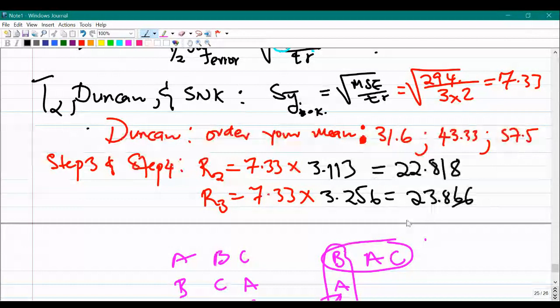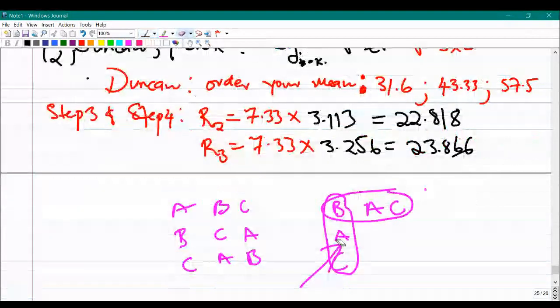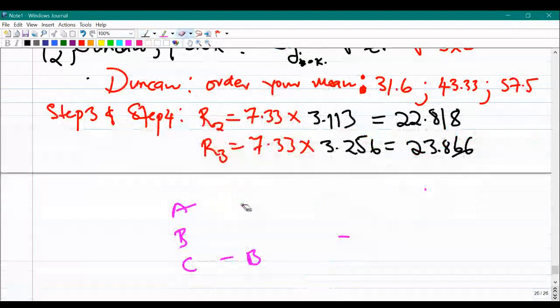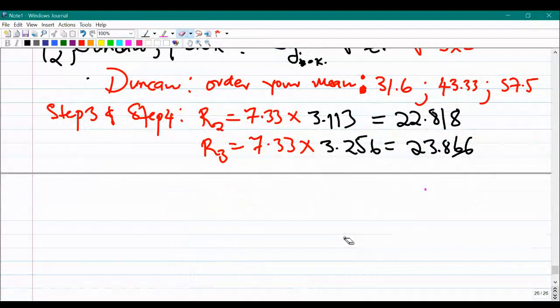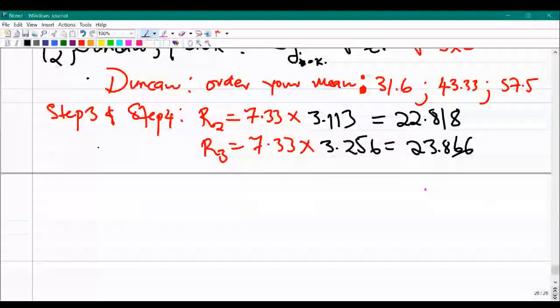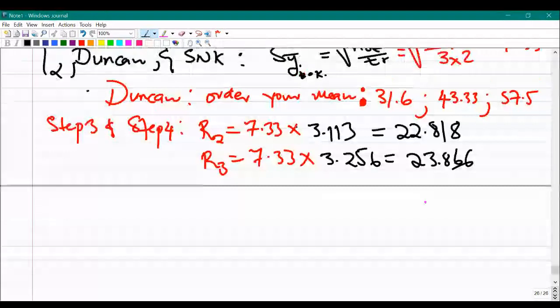Let's apply the largest minus the smallest. Remember the rule? Sir, the standard error is wrong. That's what I was given, right?